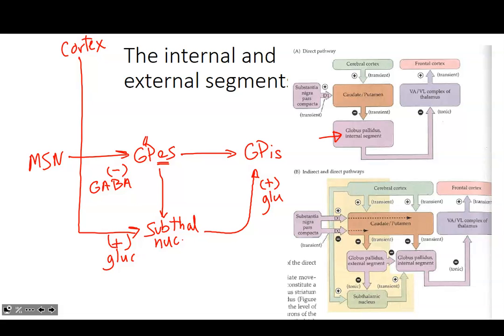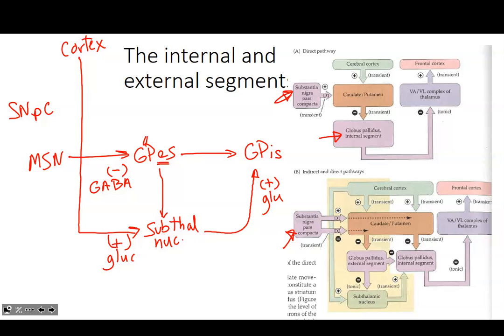Or we could stimulate the medium spiny neurons with the substantia nigra pars compacta, just like we saw in the direct pathway. So I want to point out the things that are in common. This is in common, and this is in common, and both can lead to activation of the circuit. Let's focus on what happens when the indirect pathway is stimulated.